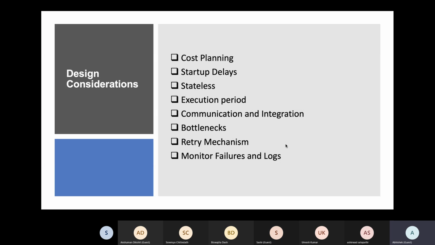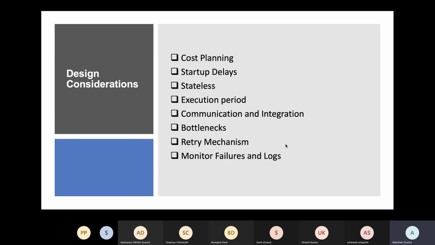So as part of design considerations, when we design any kind of serverless solution, what do we need to take care of? How should we plan our application? Whenever we build any kind of application, we design it, right? And before designing it, we don't just go on a pen and paper and start designing it, or simply open Visio.